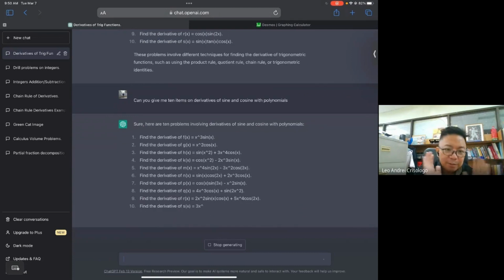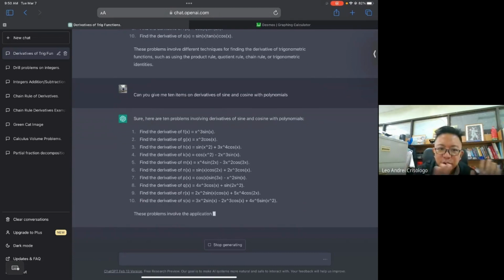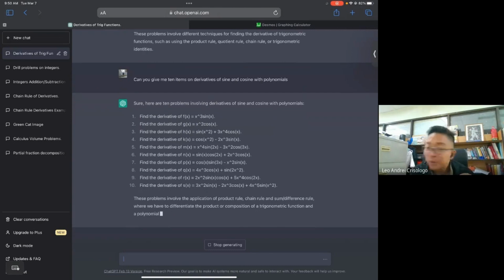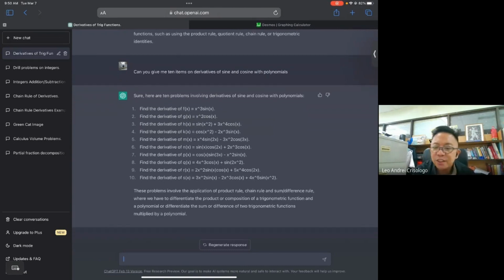So we shouldn't be afraid of new technologies. I know some teachers are kasi parang tinitignan siya as another way to cheat, no? But in a way, it could be very useful because meron siyang level of creativity na sarili niya, na na-train sa kanya, na we could take advantage of to do the more menial tasks like coming up with sample problems.